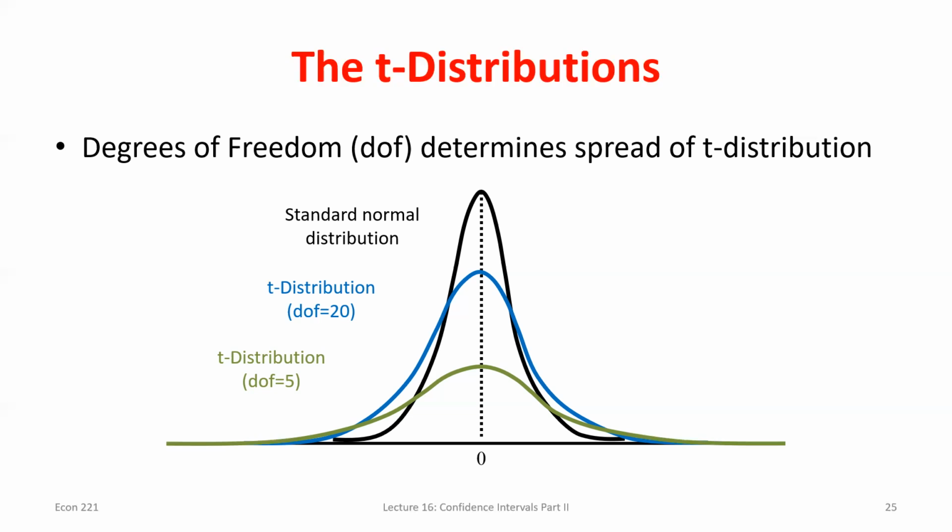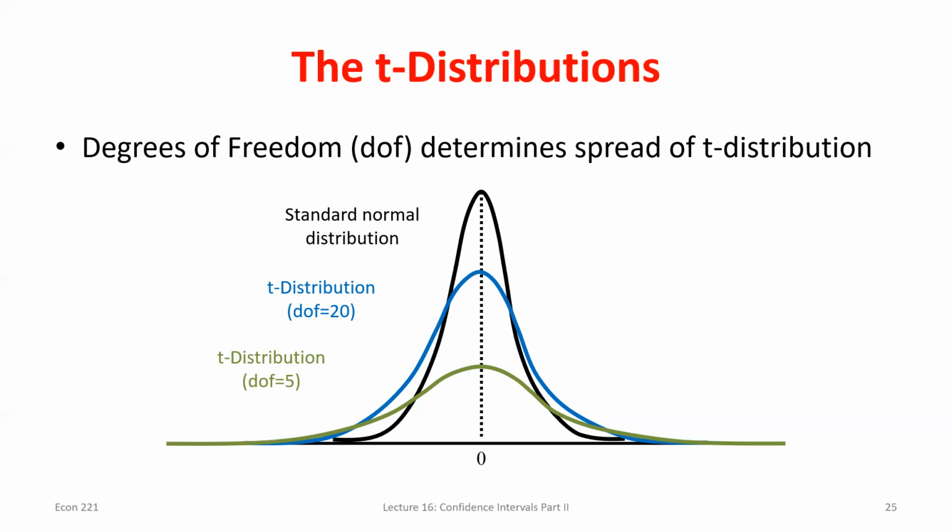So if I think about the area underneath this green curve, the student t distribution, to the right of 1.96, I know that area is greater than 0.025. So if I want to decrease that area down to the desired alpha divided by 2 of 0.025, what am I going to have to do?